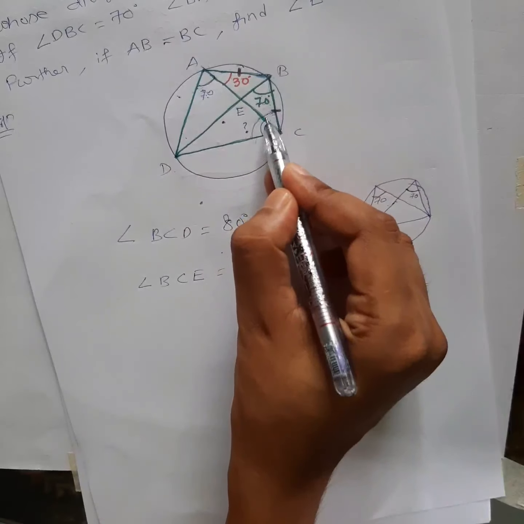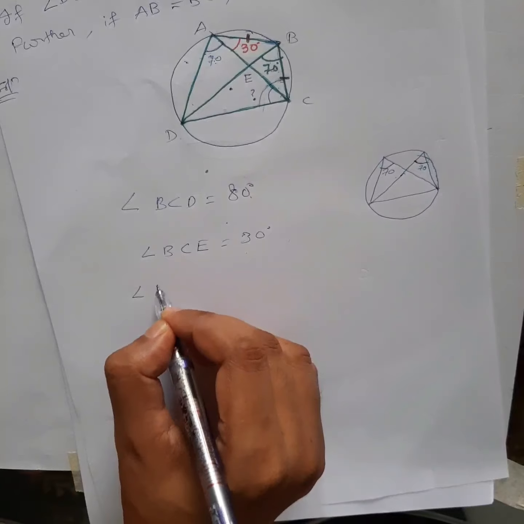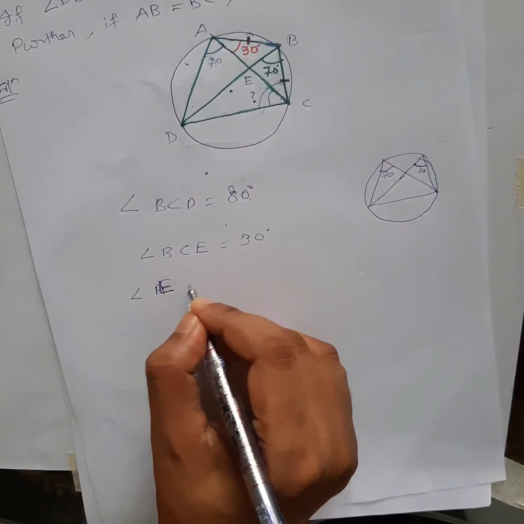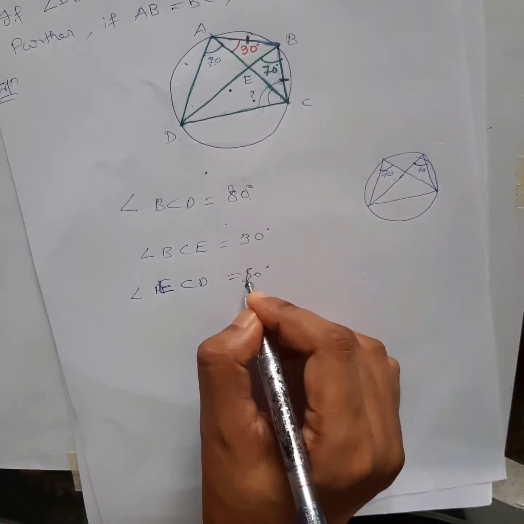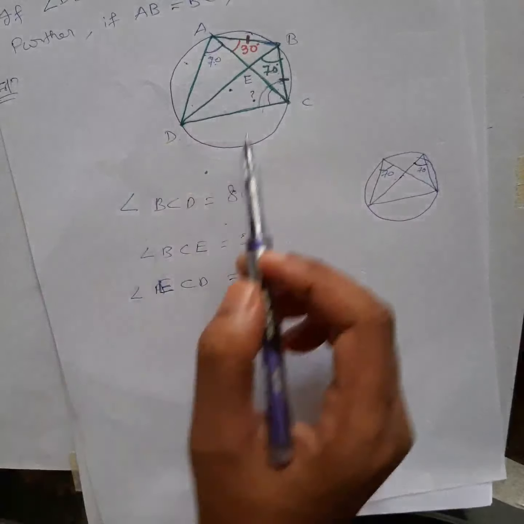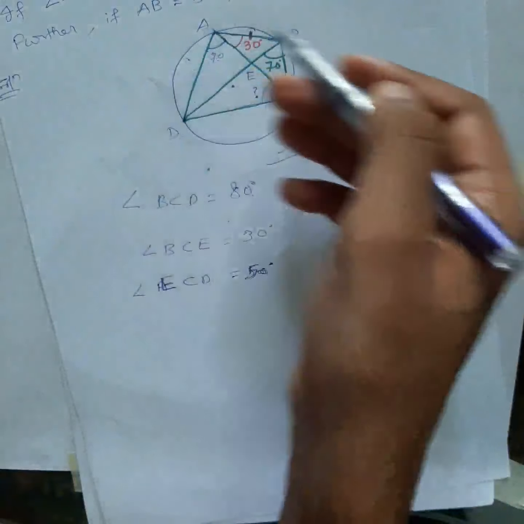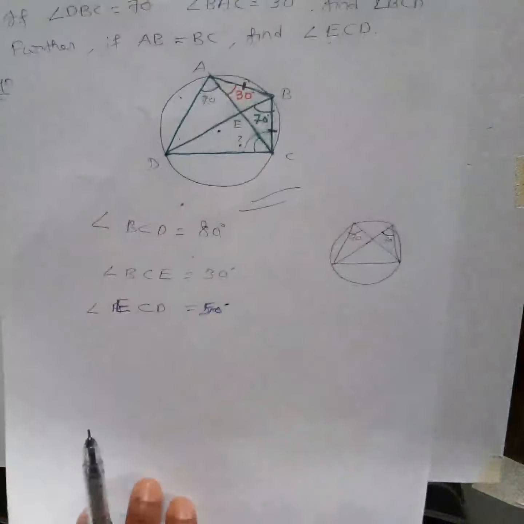This total is 80. This is 30. So this will be 50. Obviously angle ACD, or what they have said, ECD. Okay, let me write down ECD only. ECD is equal to how much? 50 degrees. Okay, so how simply we can find out the answer if you know the property well, okay? So this diagram which looks complicated, actually this question is not that complicated, okay?